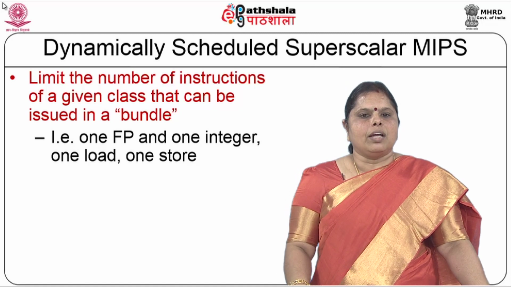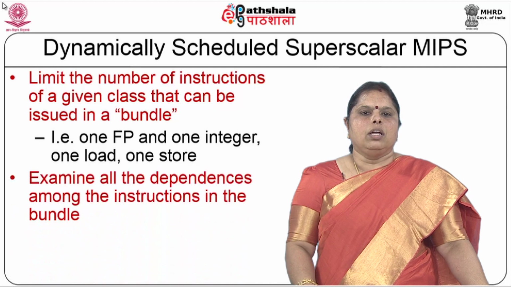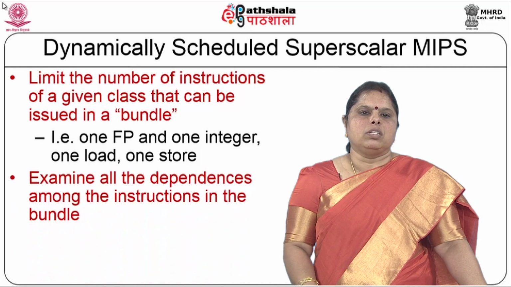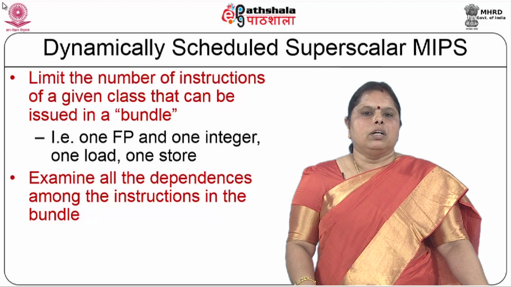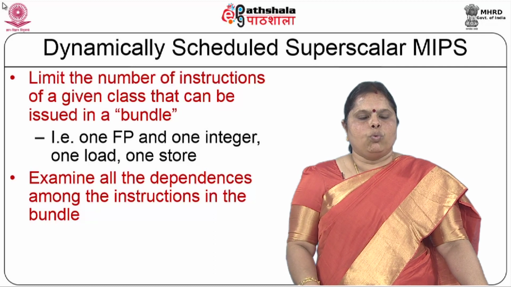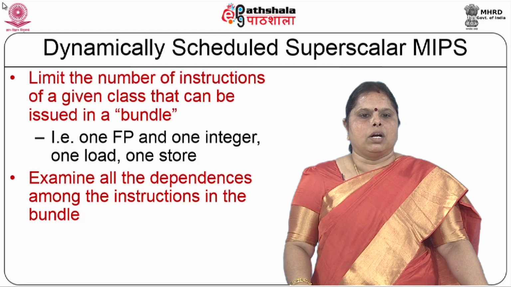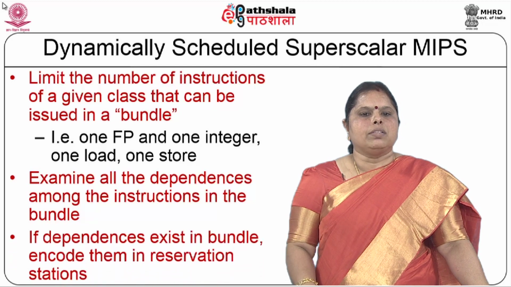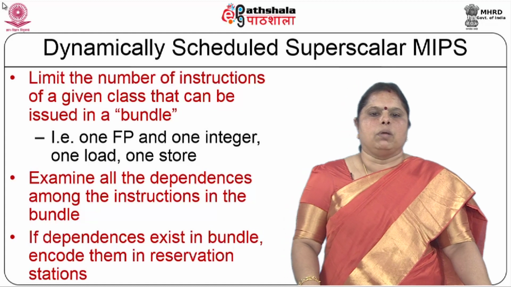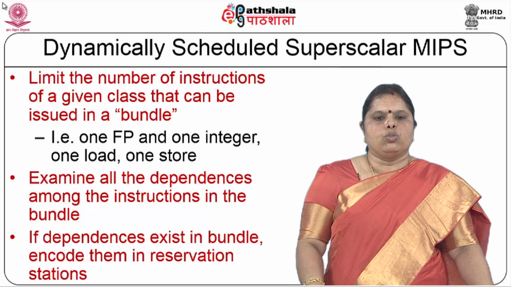So, that is a design issue, whether you are going to look at what type of instructions can be combined together and issued together. We basically have to examine all the dependencies among instructions in the bundle.